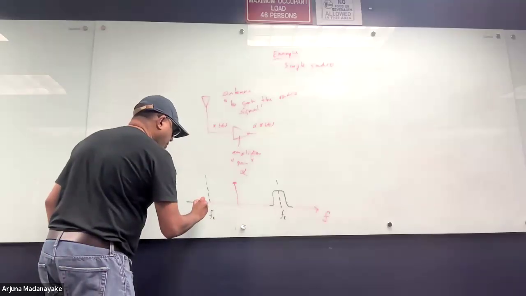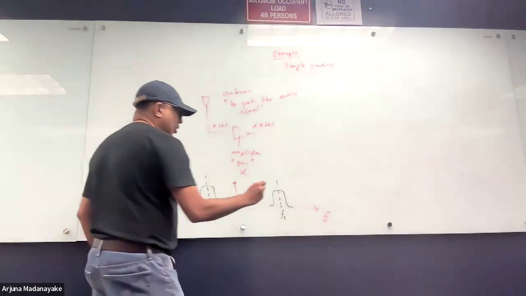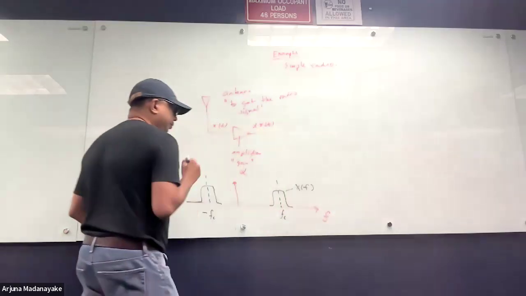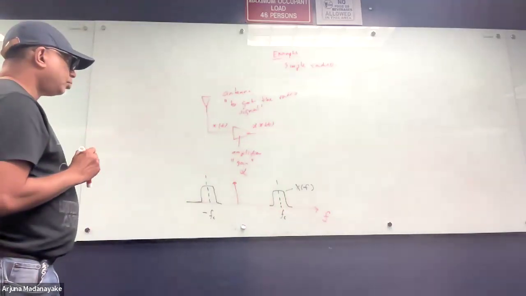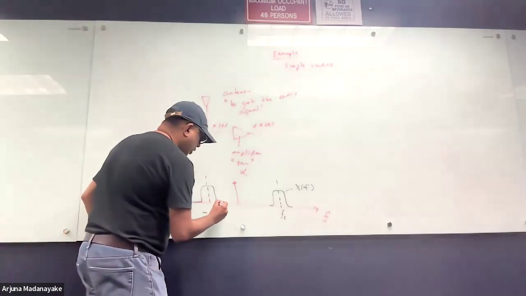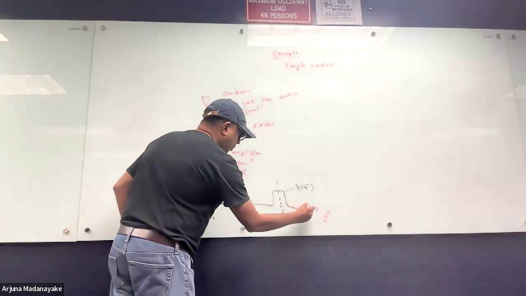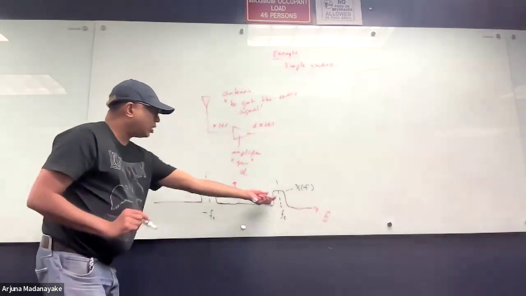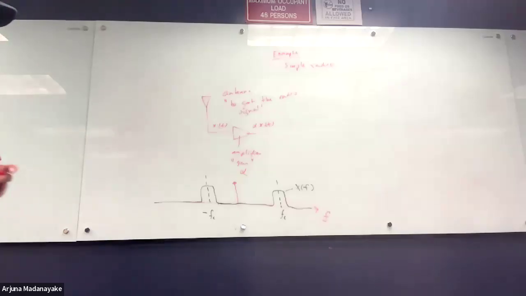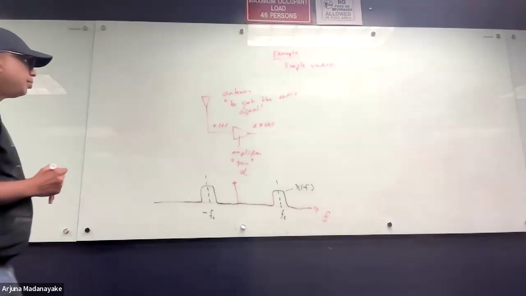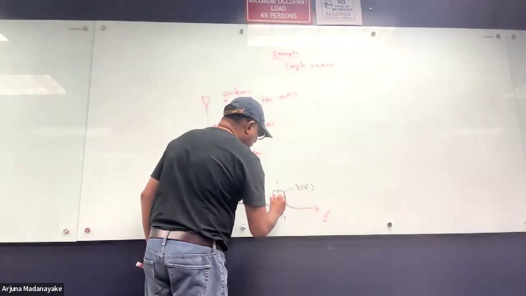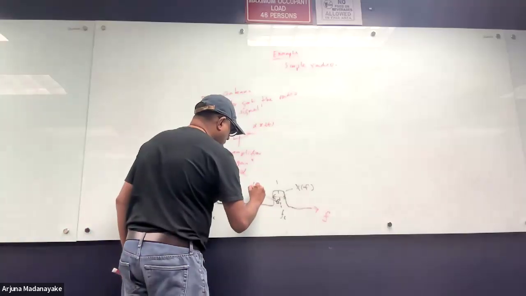This is the Fourier transform, my x of f. This is a continuous function; this whole thing is x of f, not only this part. Typically we call it a band pass signal because it has some bandwidth B. So this is my band.